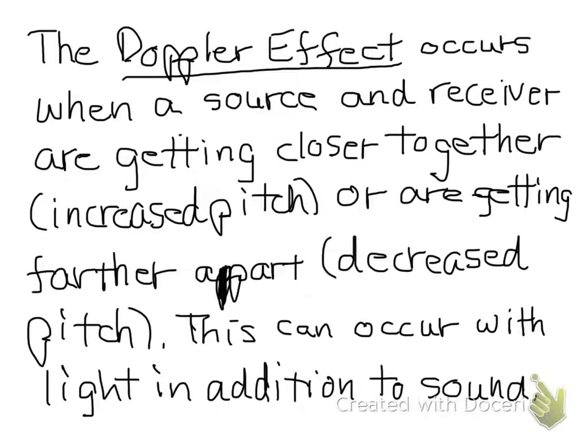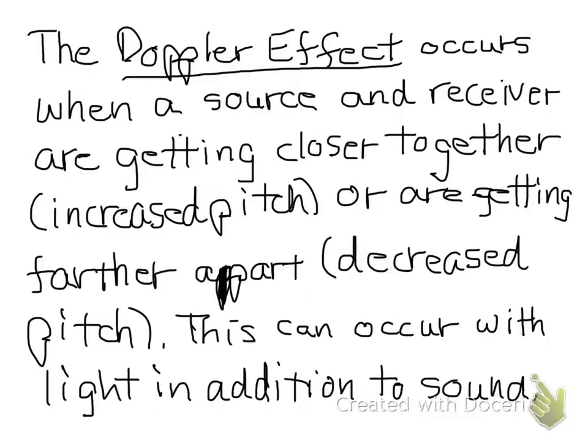Here's another example, the Doppler effect. The Doppler effect occurs for sound, and in fact light, when a source and receiver are getting closer together. So it appears that the pitch is increased. Say you're standing on tracks and a train is coming toward you.